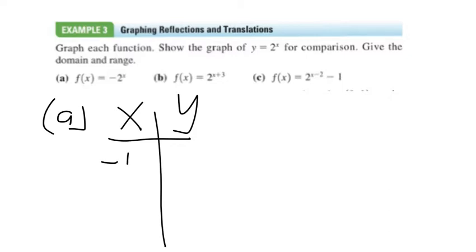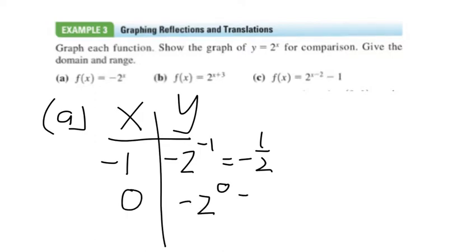When x is -1, that'd be -2 to the -1st, or -1/2. When x is 0, it'd be -2 to a power of 0, which is -1. When x is 1, it'd be -2 to the 1st, or -2.